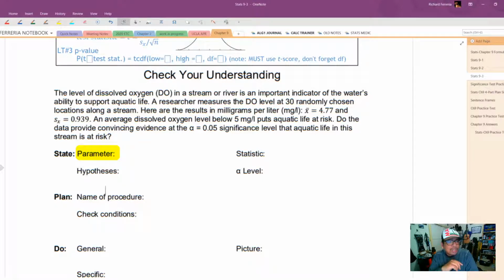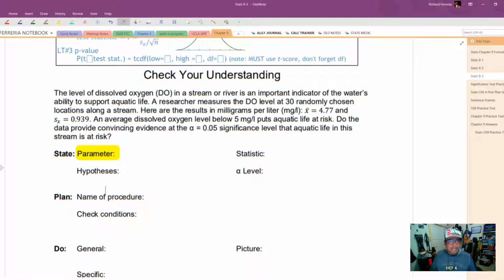An average dissolved oxygen level below 5 puts the aquatic life at risk. So do the data provide convincing evidence at the 0.05 significance level that the aquatic life is at risk?